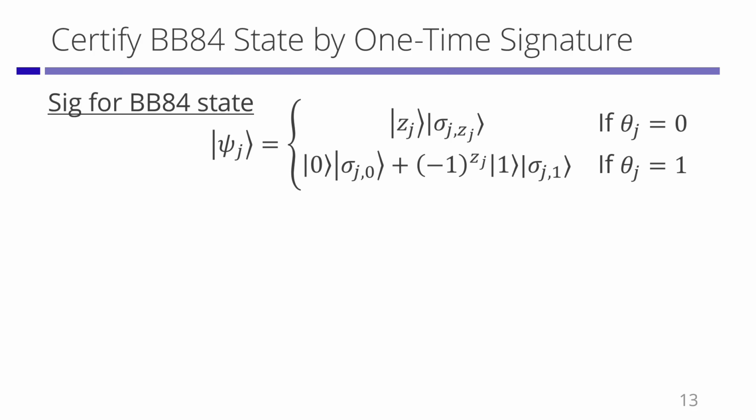We apply the signature generation algorithm to the BB84 state and generate the quantum state psi. If theta j is equal to 0, then we obtain zj, and in the second register, we obtain the signature for zj. And if theta j is equal to 1, then we obtain a superposition of the signature for 0 and the signature for 1.